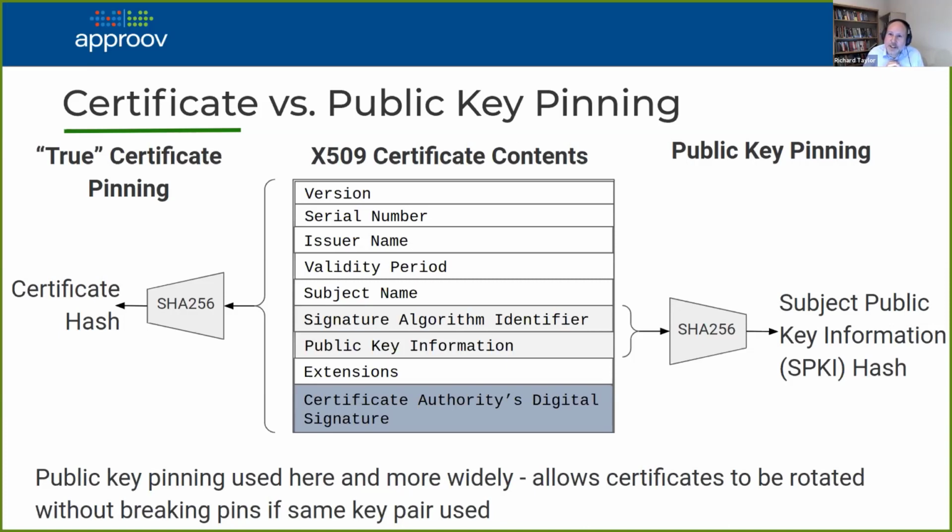So the main advantage of that is that you're not actually pinning to a particular certificate, you're pinning to a particular public key, which means that if you renew the certificate, as long as you keep the public key, if the public and private key is the same, then the pin won't actually change. So you can keep rotating without constantly having to change pins in mobile apps, which, as we'll talk about later, is one of the disadvantages of pinning, this need to rotate the pins. Okay.